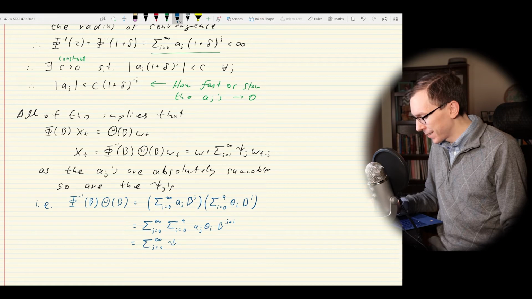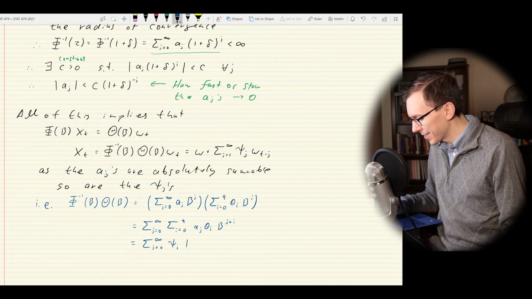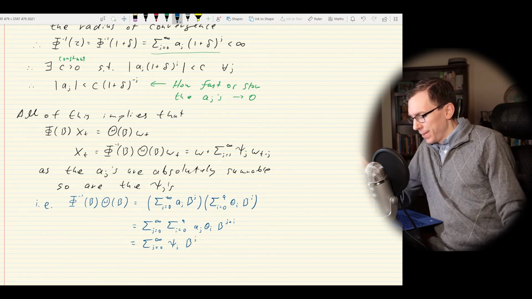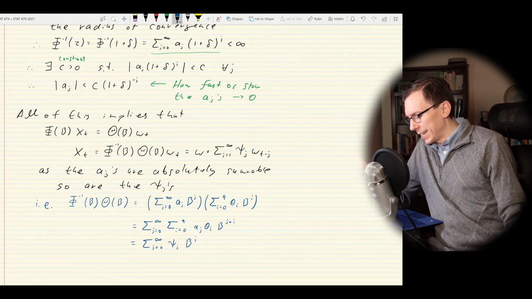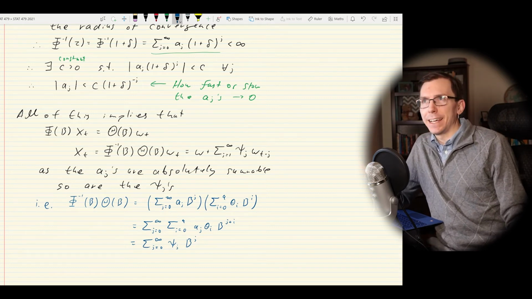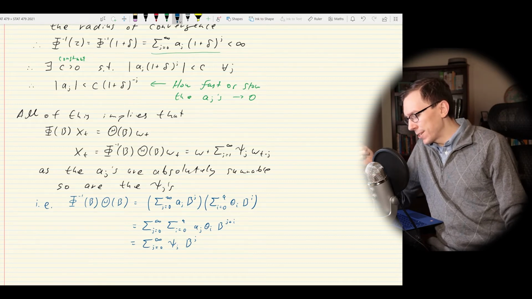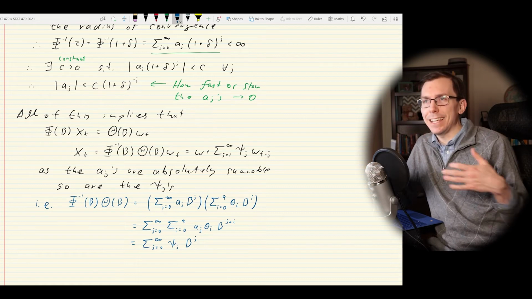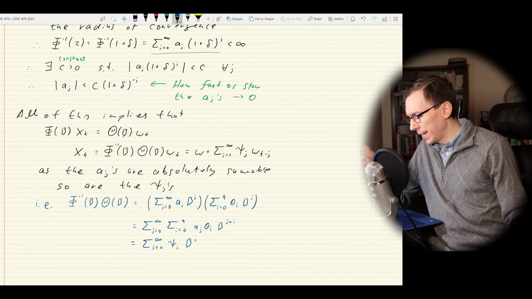I don't really feel like defining exactly what psi is, but the point is that we can write it out like that. Since there's only a finite number of thetas, it doesn't really matter. The easiest way would be to fix a theta and then sum up, knowing that the a's are absolutely summable, so we're all good to go.